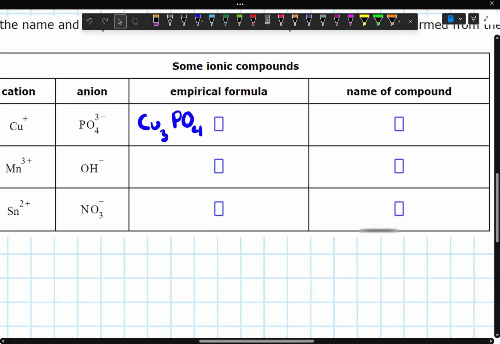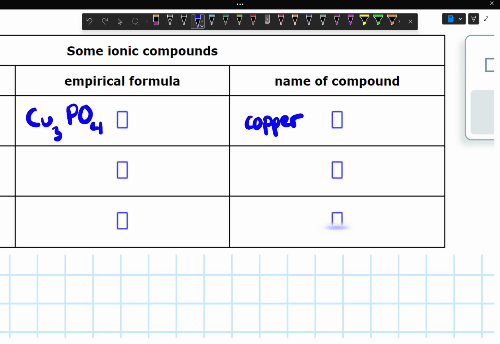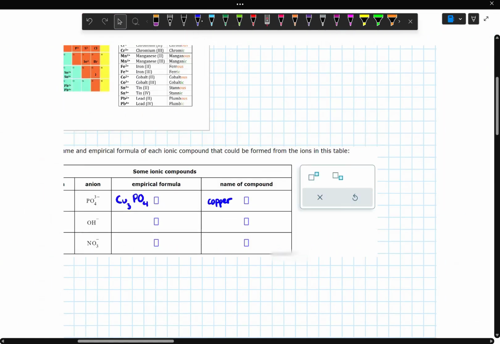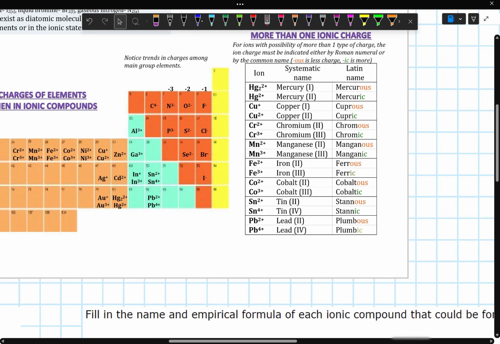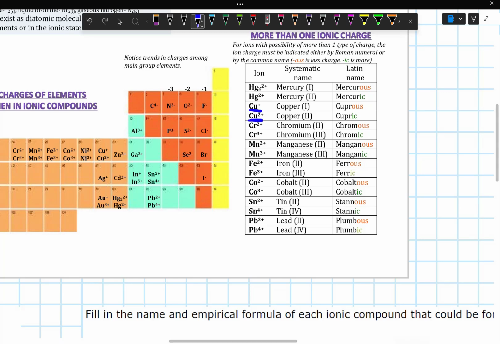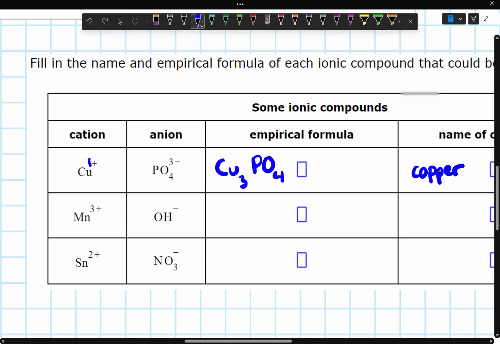Now, what is the name of the compound? Well, copper, as we know from our nomenclature, has 2 different possible charges on it. In this case, we just have +1.